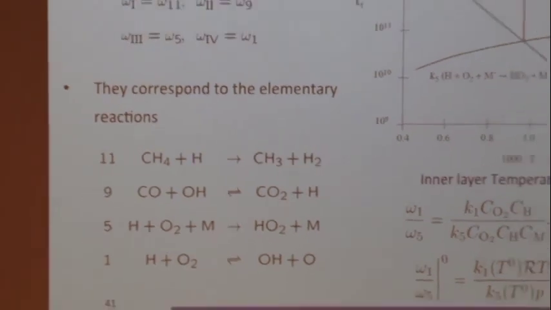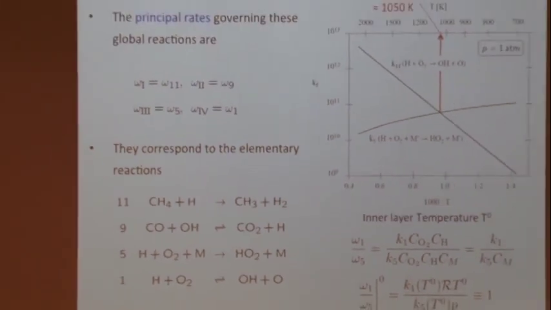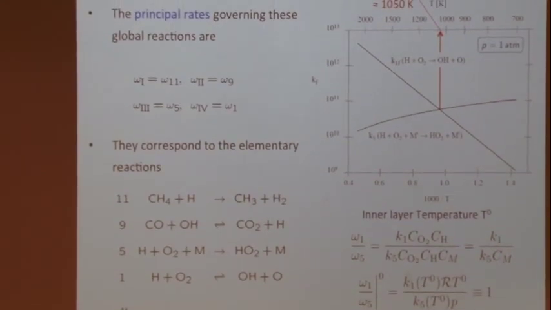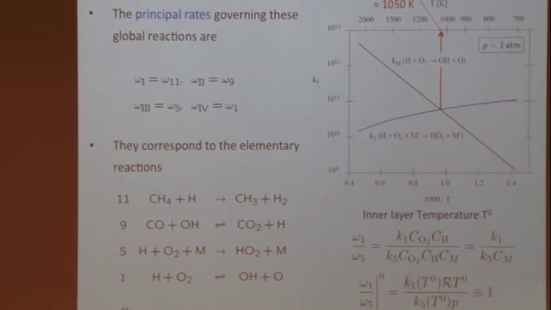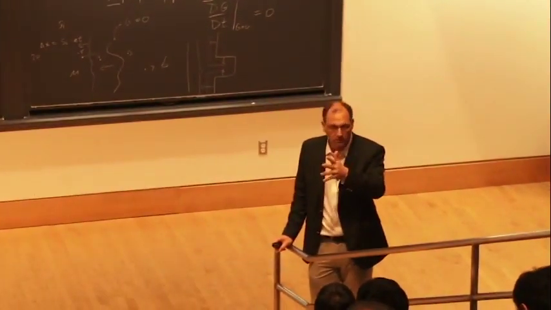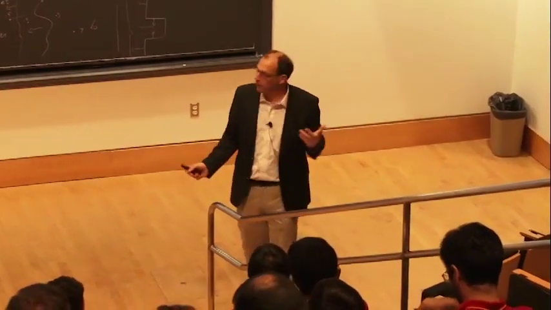Okay, so now, if you would do a real systematic reduction, you would not neglect the reaction rate of all the rates that I said are infinitely fast, so you get more complicated reactions. But these are what we call the principal rates. In the first order approximation, this would be correct. Okay?